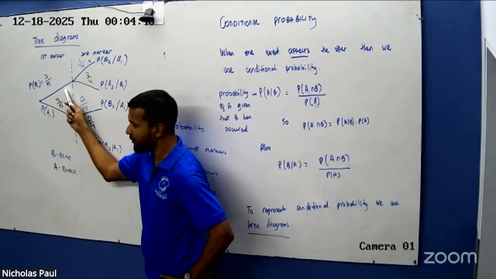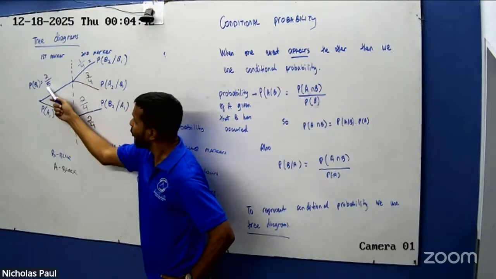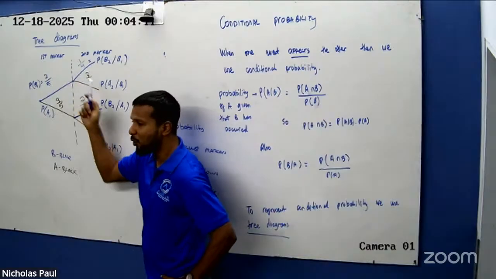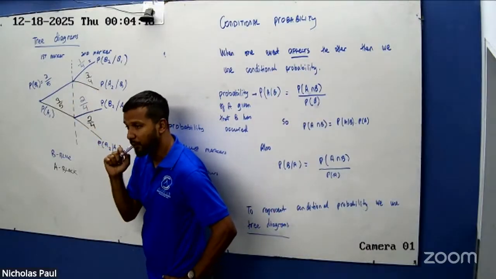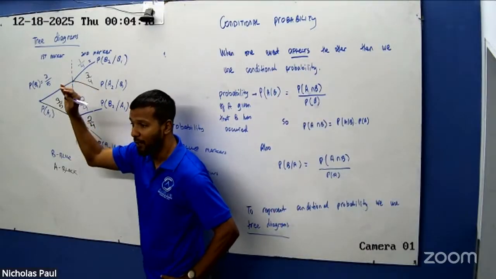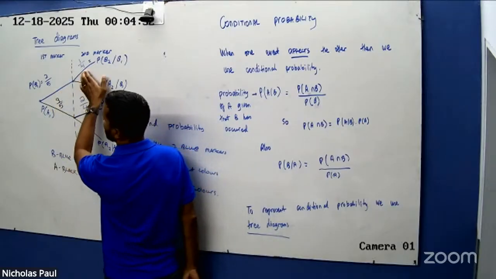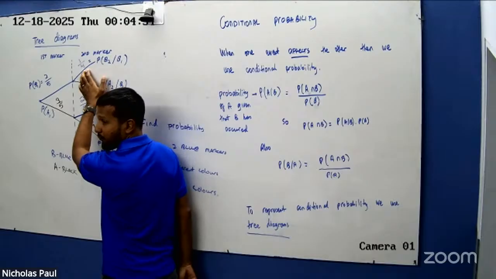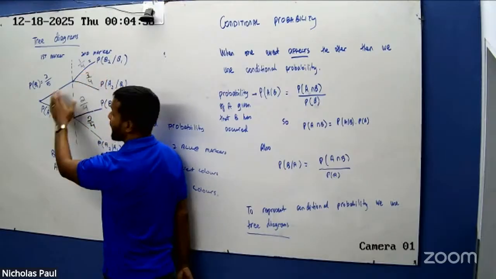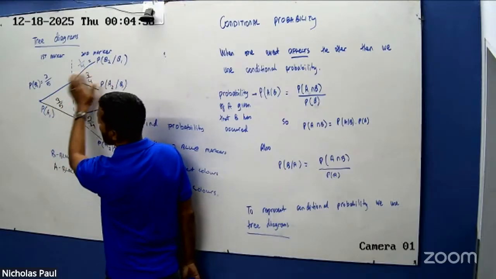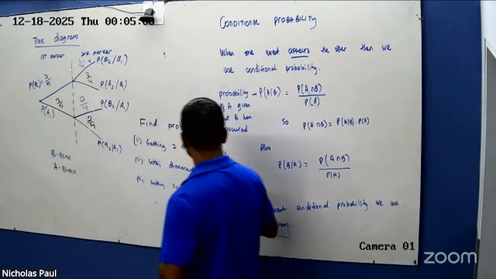Here and here. So, what do you do with 2/5 and a quarter? Multiply that. Whenever you go along a branch, you multiply. So you're getting a blue here and a blue here. Everybody okay with that? So part 1.